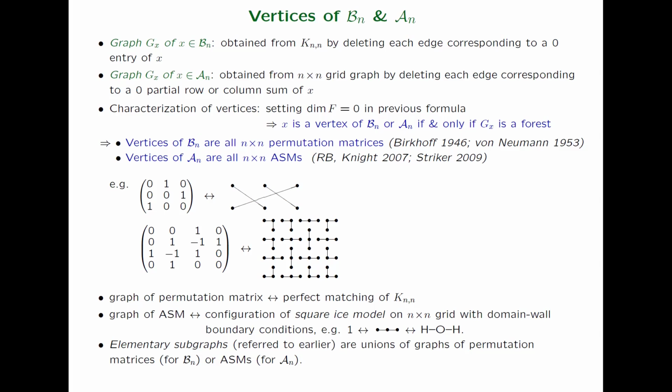And of course, that should look familiar. That's just square ice where we think of these as oxygen and hydrogen. So the graph of an ASM corresponds to a configuration of the square ice model with domain wall boundary conditions.